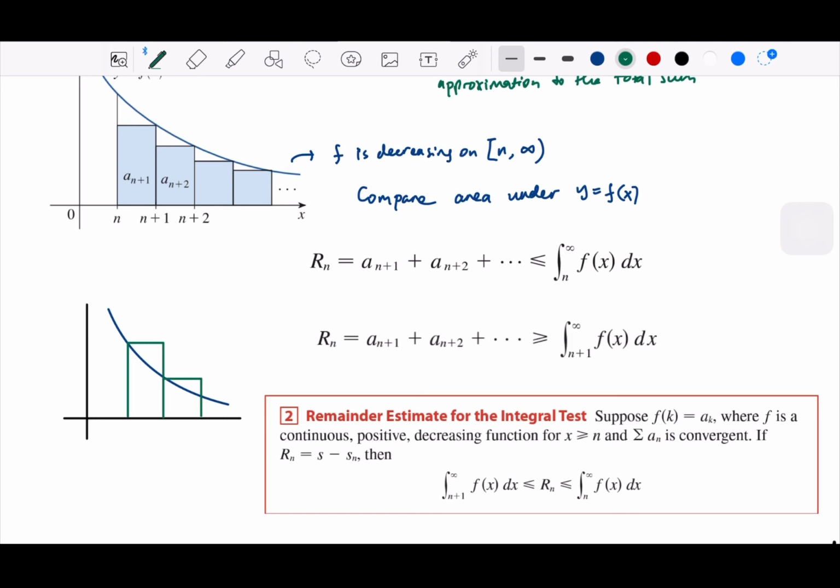Of course, the function needs to be continuous, positive, and decreasing, okay, to make sure that the integral test is working. So you need to make sure that the function or the sequence or the partial sums is going to be integrable. If not, then we need to change the method.